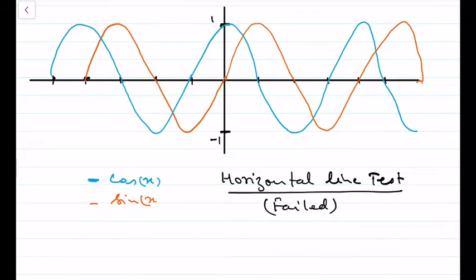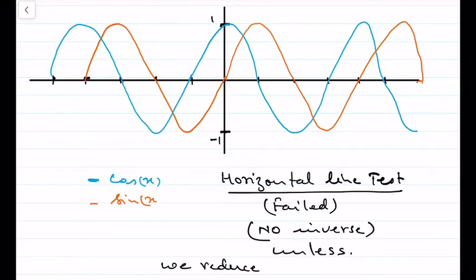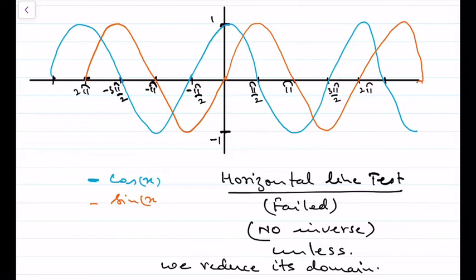So they do not have an inverse, but it is possible to reduce the domain of such functions that are not 1-to-1 in such a way that an inverse function can be defined. If we can reduce the domain so that within that range the function is invertible, that is, it passes the horizontal line test, then we can define its inverse function.